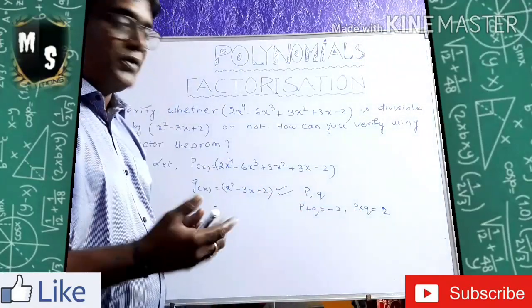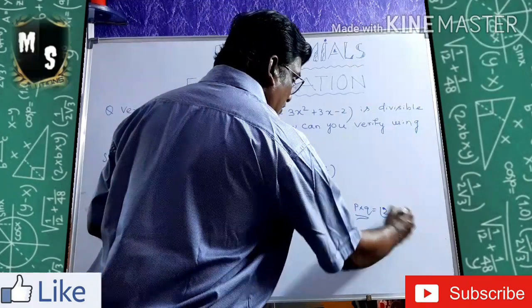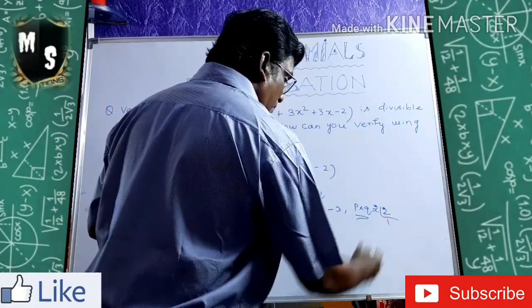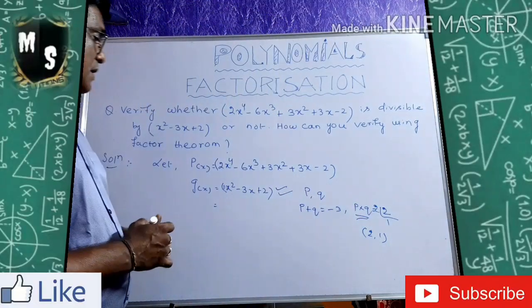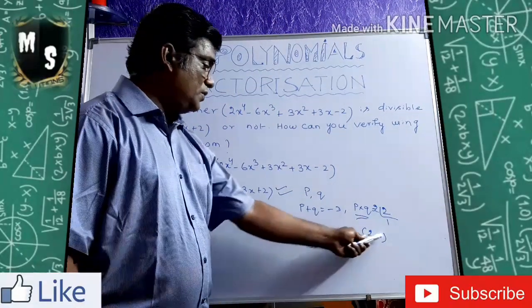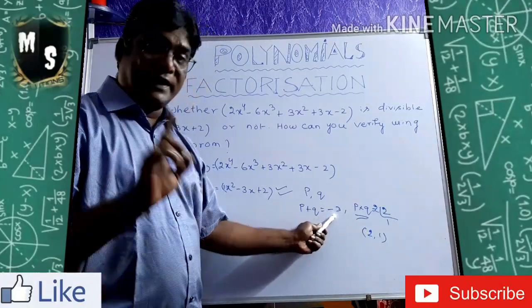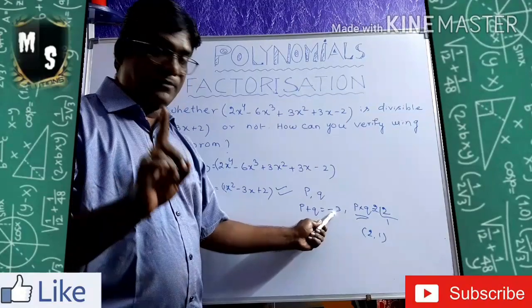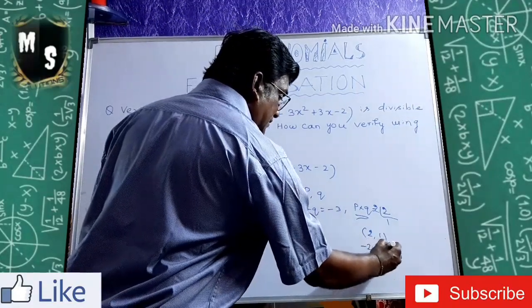So which factor do you have to take? You have to take the factors of p into q. The factors of 2 are 2 and 1, so my pair came 2 and 1. Now when you add these two, it is giving you plus 3, but my p plus q is negative, minus 3. Be careful. So I have to make both signs minus: minus 2 and minus 1.